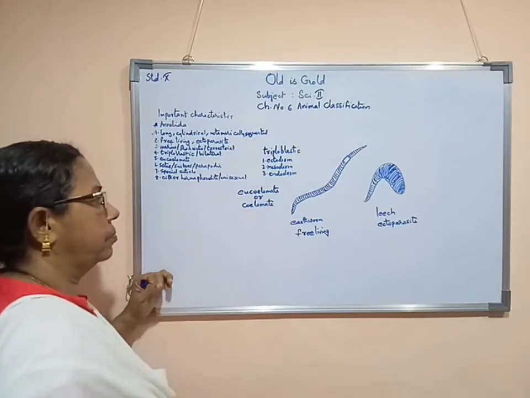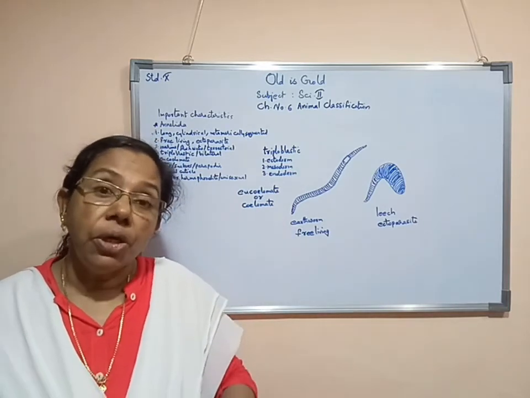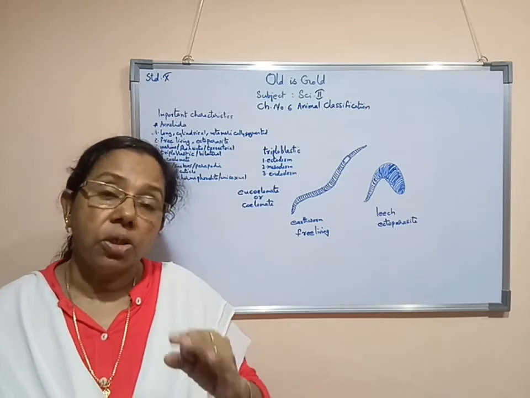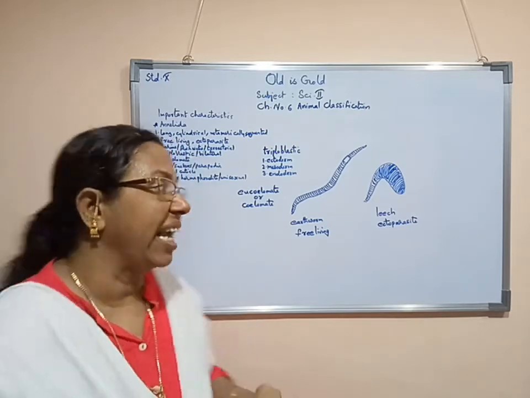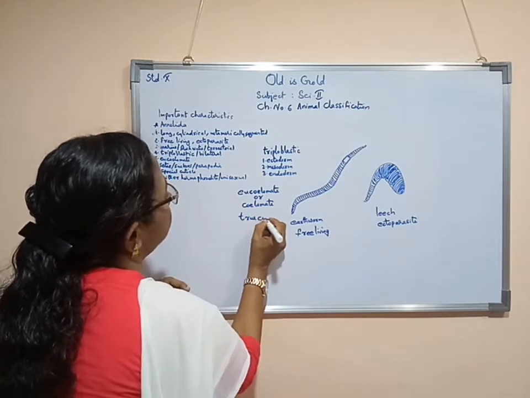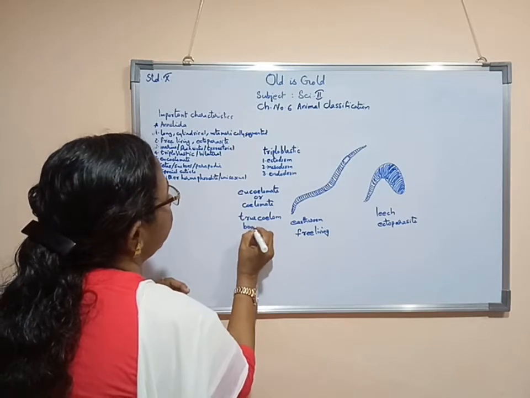Eucoelomate means they have a true coelom. True coelom means they have a true body cavity. So they have a true coelom. That means they have a body cavity.